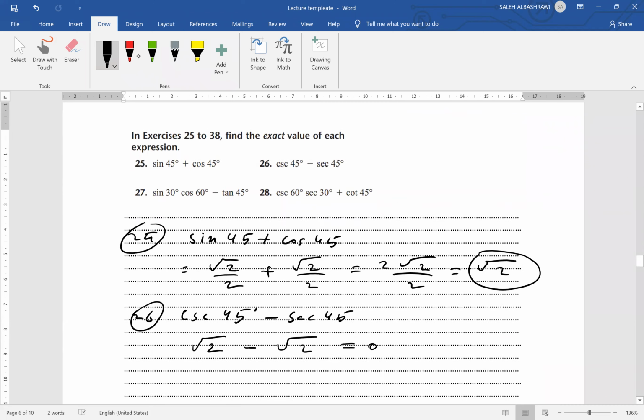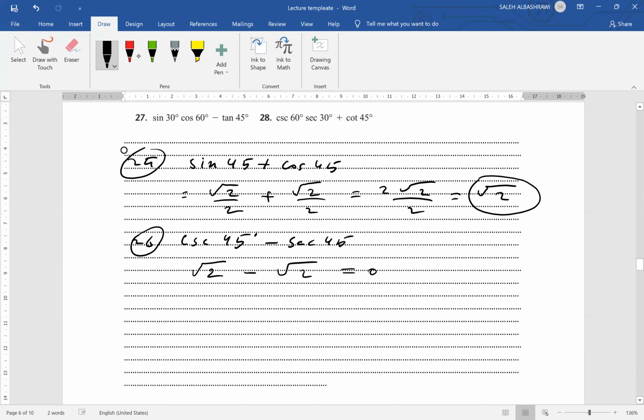Let's see question number 27. I need to find sine 30 multiplied by cosine 60 minus tangent 45.